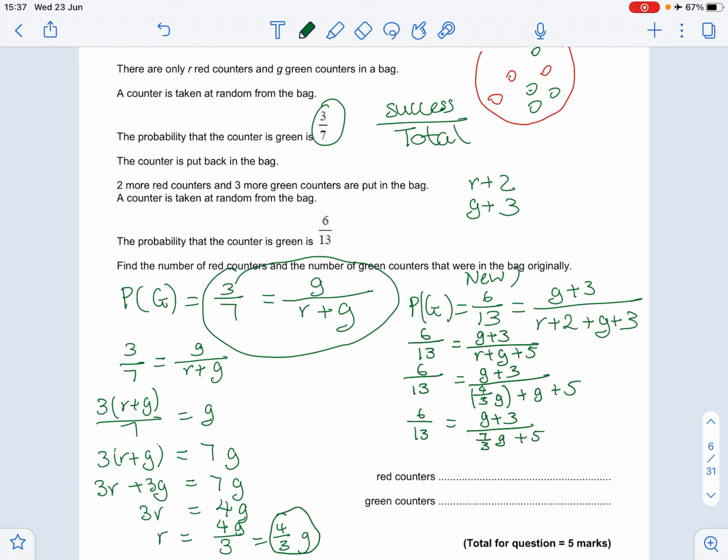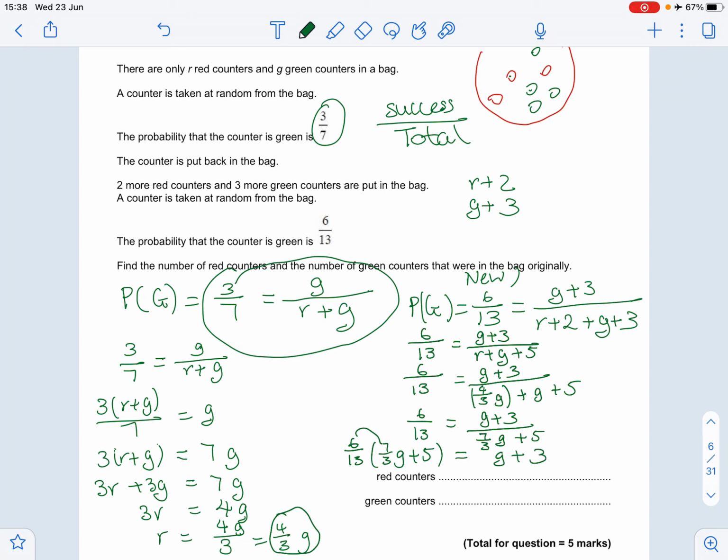Plus 5. Then remember this is divided by 7 over 3G plus 5. Moving to the other side, we are multiplying. So this becomes 6 over 13 multiplied by 7 over 3G plus 5 equals G plus 3.